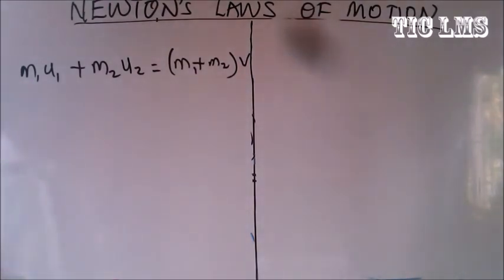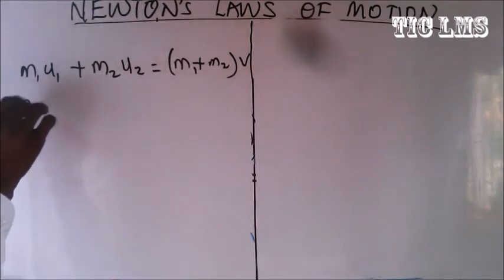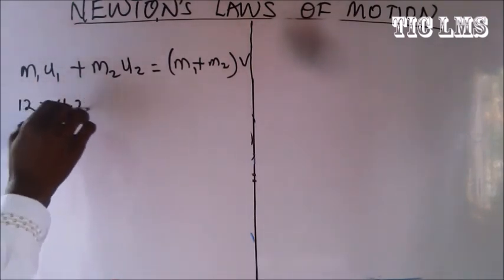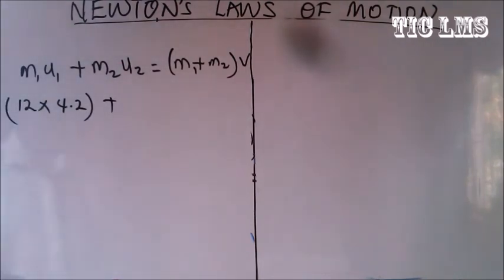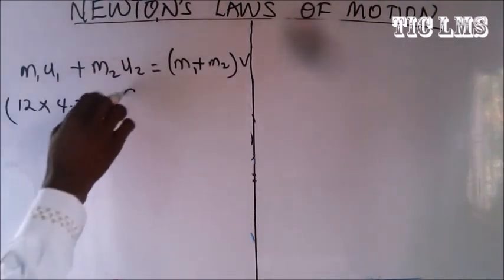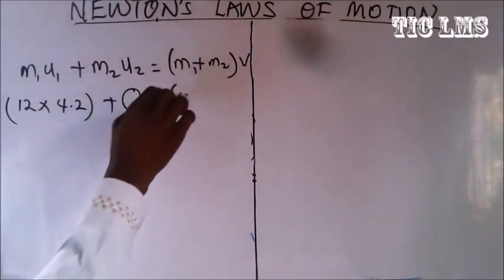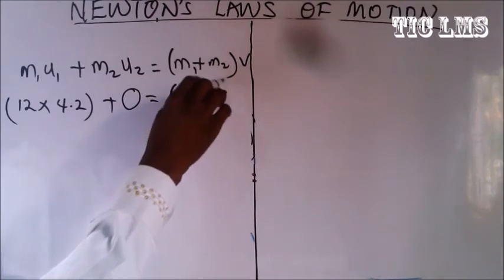Now the first body has a mass 12 kilogram and an initial velocity of 4.2. The other body we're told is at rest, and so this is 0. Then the two bodies, the first body has a mass 12 plus the second body, which is 18.